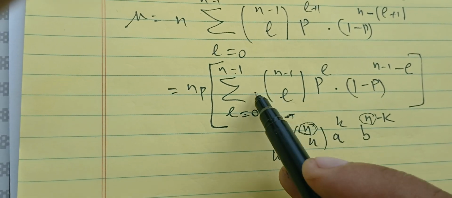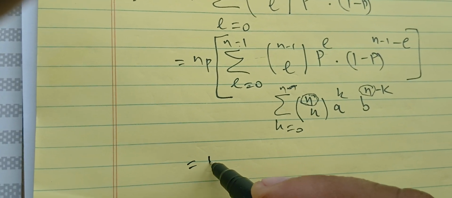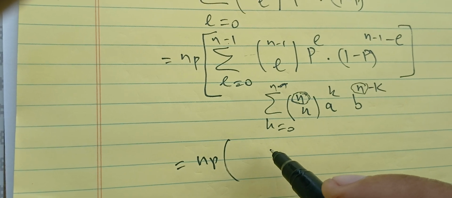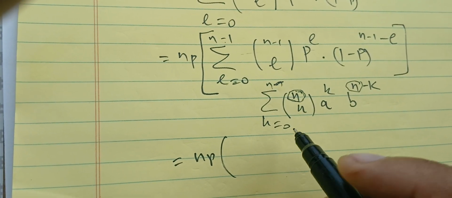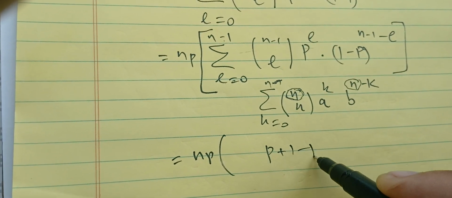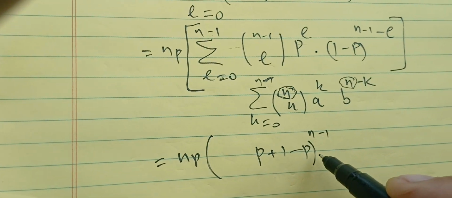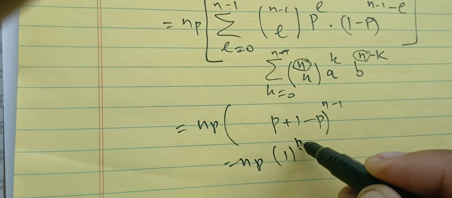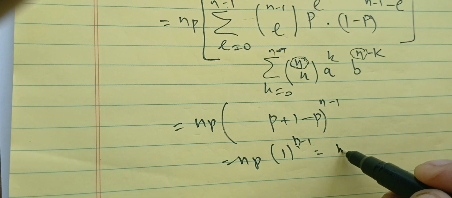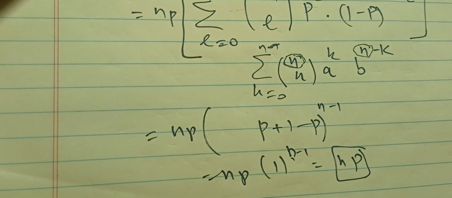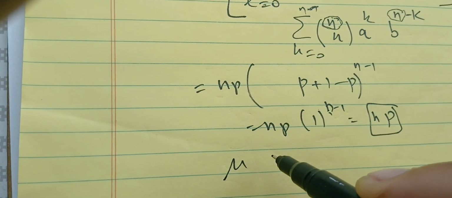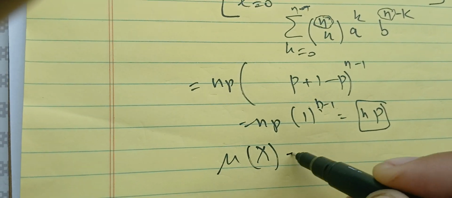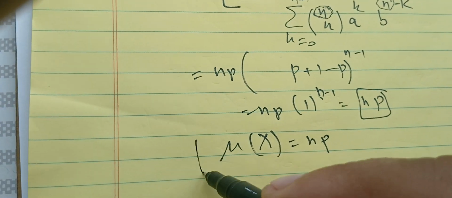So this one is np, and I have p plus 1 minus p to the power n minus 1, which is np times 1 to the power n minus 1, which is 1. Therefore, I have np.